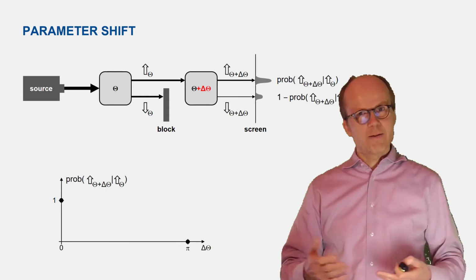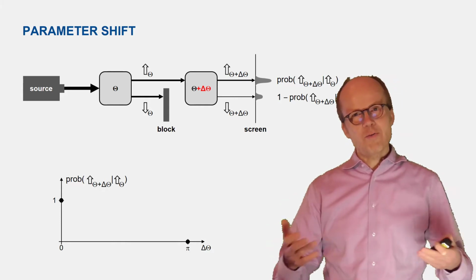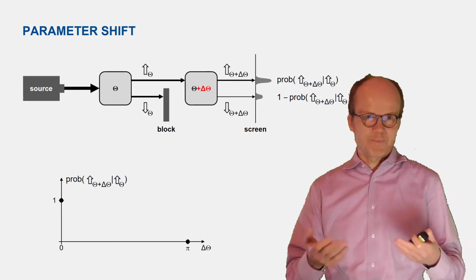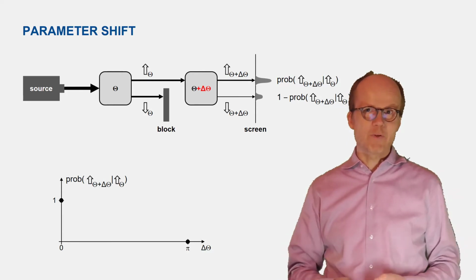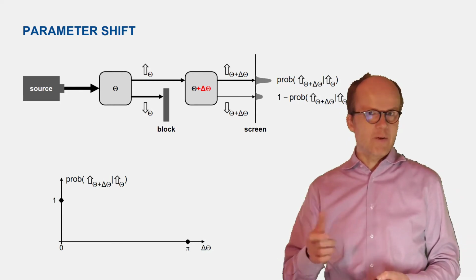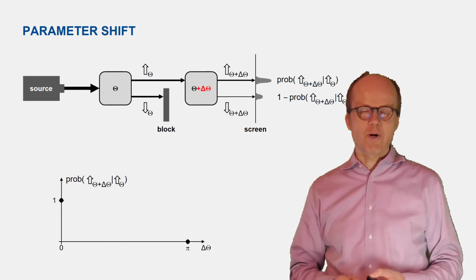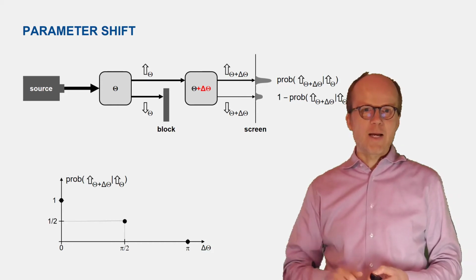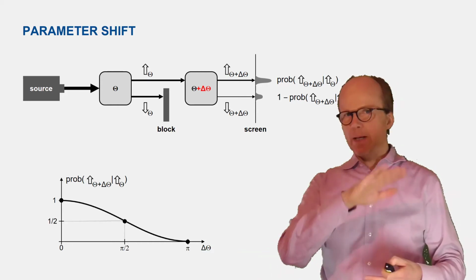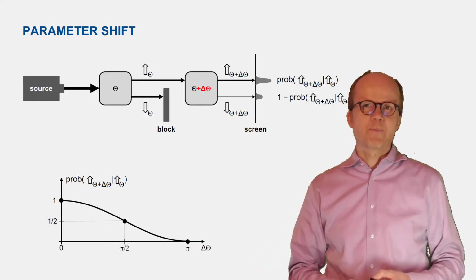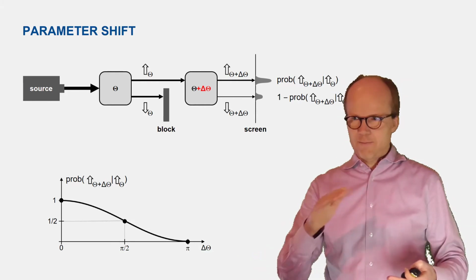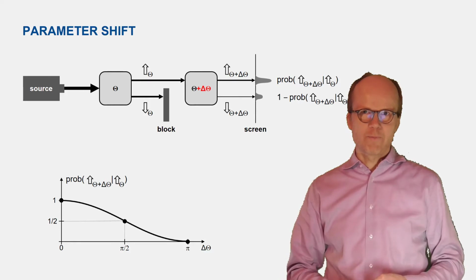Now you can measure all the probabilities in between by varying this parameter theta continuously, and in between there will be a continuously decreasing curve.